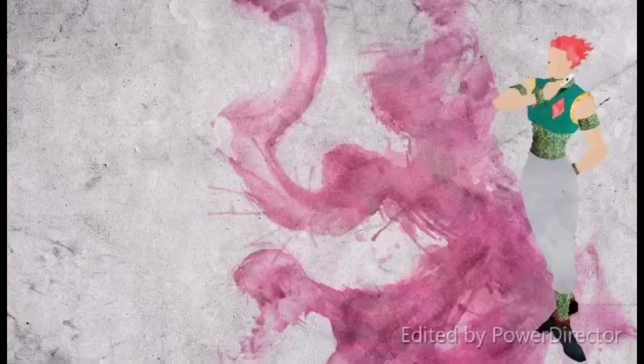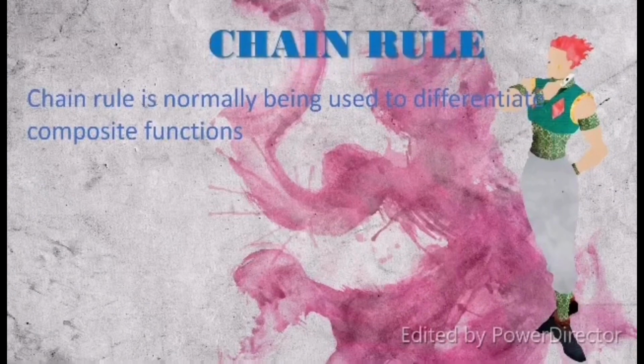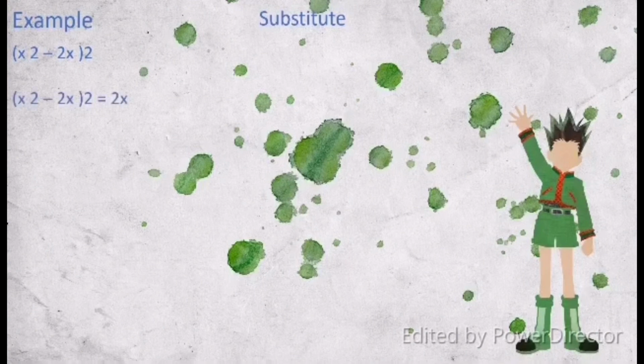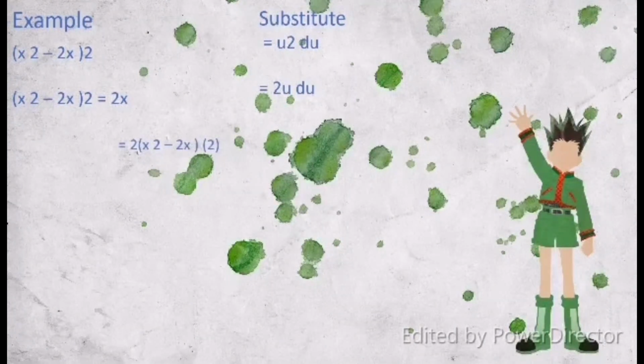Okay, chain rule. The chain rule is normally used for composed functions. Example: (x squared minus 2x) raised to 2. What you're going to do here is find the derivative and the substitute. So the derivative of x squared minus 2x is 2x minus 2, while its substitute is u raised to 2, whose derivative du is equal to 2u du.